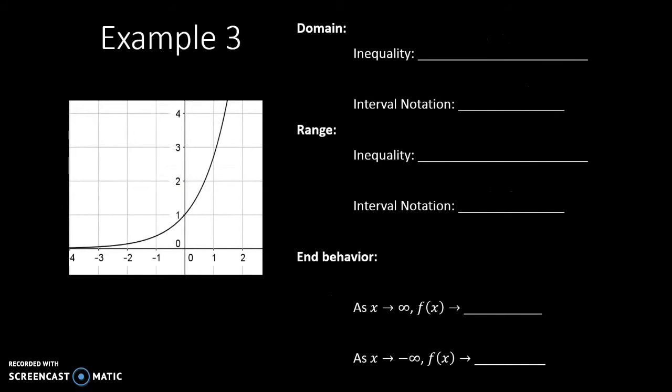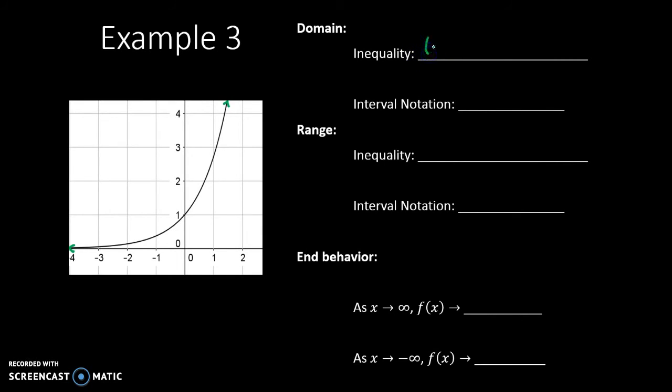Here's another example where the function goes off the graph. So remember, we can think about it as continuing in the way that it appears to be going. For the domain, we look at the furthest left-hand point, and this point looks like it's going off towards negative infinity. So it's going sideways.